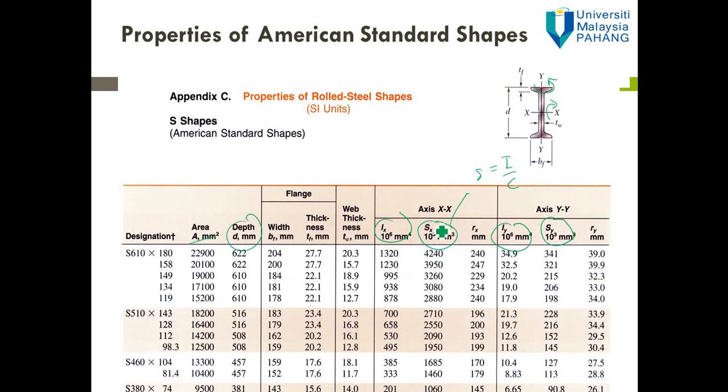You can find all these properties in many reference books, standards and other resources. And this is an example of the values for different designations of beam. I took this table from a reference book. Each dimension of the beam has been designed, and different types of beam have different designations, so that you can select which beam is the most suitable to be used depending on several design requirements.